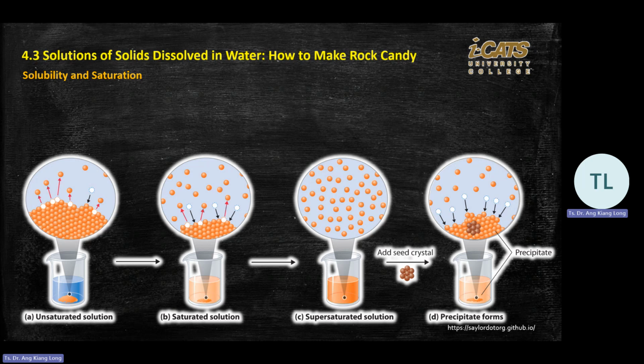If you want to reverse from D, cannot. D already has precipitate. You want to move from C to B to A, you add more solvent. How much you add, later there's a calculation, but understand the concept first. Get the bigger picture first, then we will go into calculation. Okay.